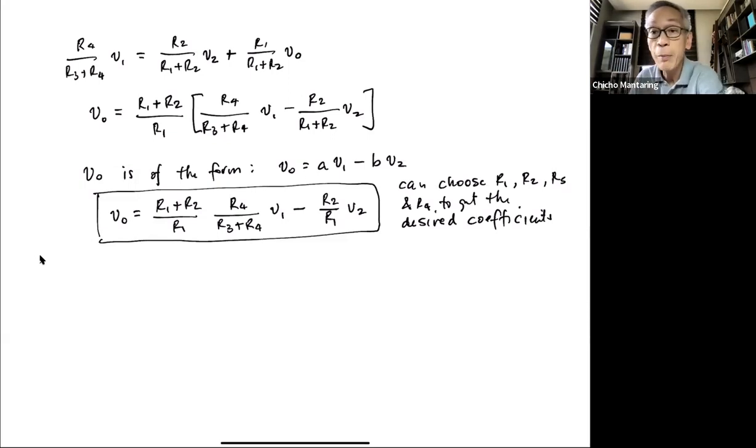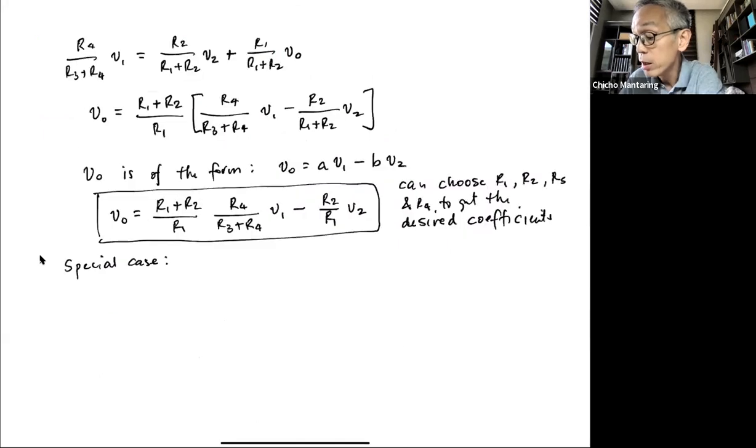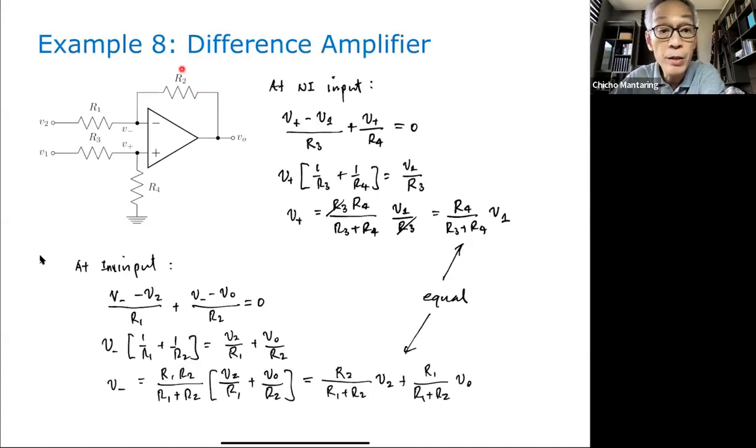Okay, let's take up a special case. And that is when R2 is equal to R4 and R1 is equal to R3. So this resistor is equal to this resistor, and this resistor is equal to this resistor.